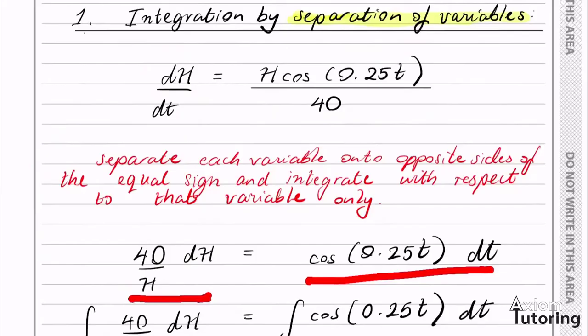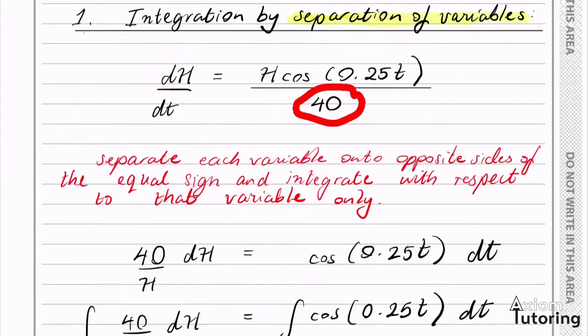Now this 40 is a constant, so you could move it onto the left by multiplying through by 40, or you could have kept it in the denominator on the right-hand side, but it just looks a bit better if I bring it up, so we don't have a fraction on the right.